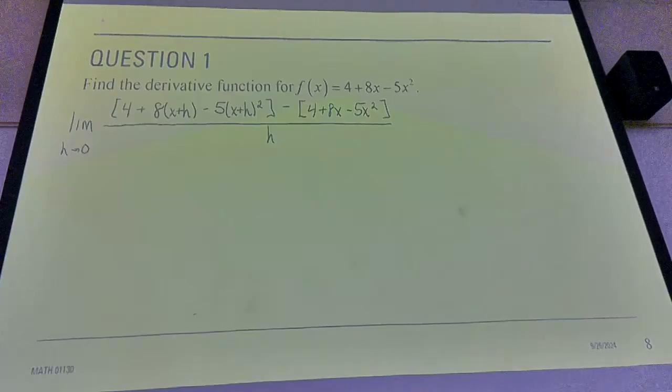And once again, by its very nature, if you do substitution, you're going to get 0 over 0, which means we have to do algebra.